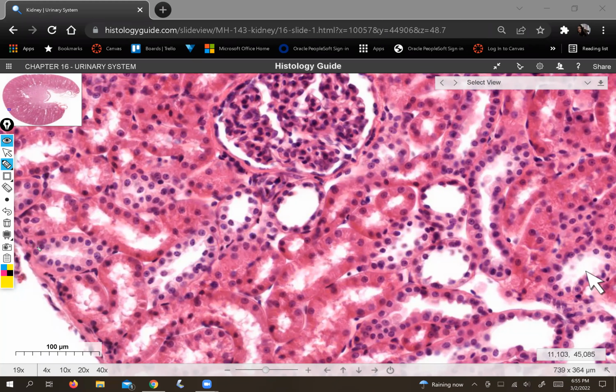So the PCT cuboidal epithelial cells have abundant microvilli, and that's because if you want to exchange stuff and you're a cell, you can only exchange things as much as the surface area you have. So you have a limited ability to exchange, and that is the surface of you, the cell, that is facing the lumen, so the apical surface.